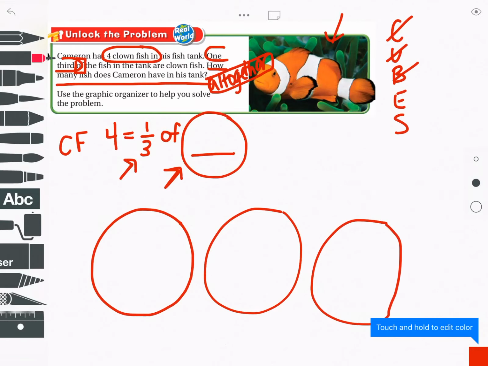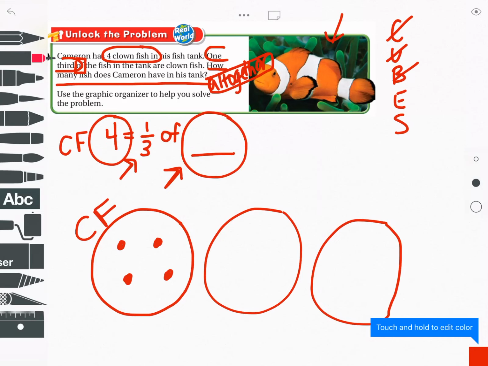All right. Then what I can do is I know that 4 is 1/3. I know that there are 4 fish in one of the thirds. So this would be my clownfish group right here. Okay, so if 1/3 of my fish are clownfish, I know that 4 of them would be in that group.